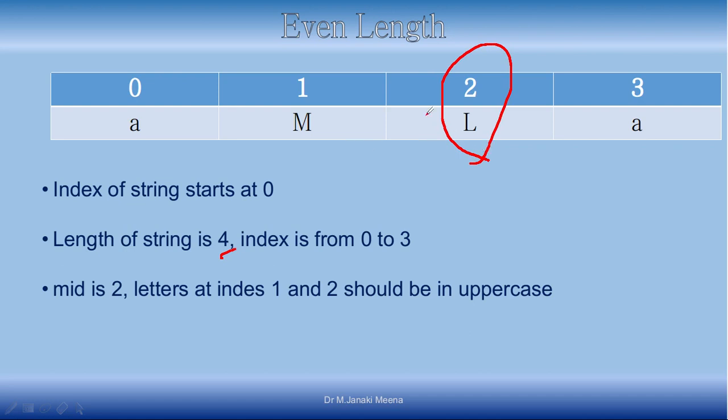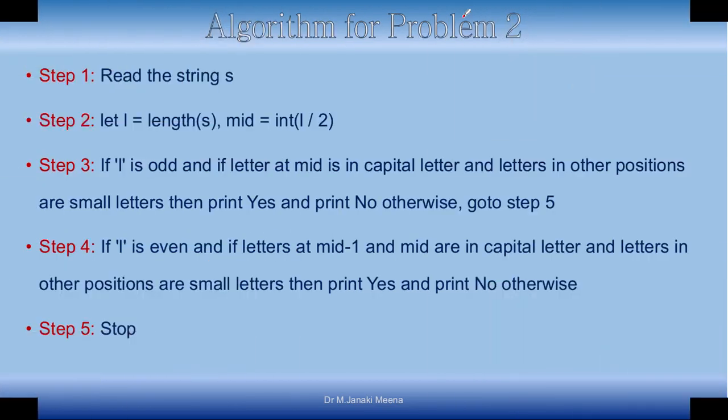So mid plus 1 of human interpretation is mid in programmatic interpretation. So when we write the program, we should consider the index mid minus 1 and mid for finding out the camel case. These two characters should be in capital letter and others should be in small letter, right?